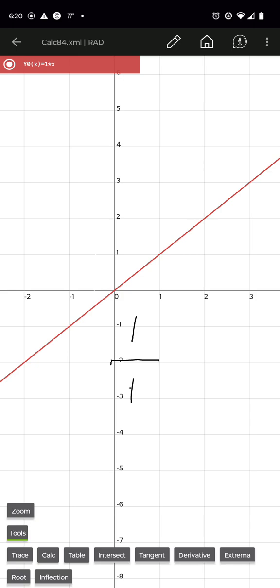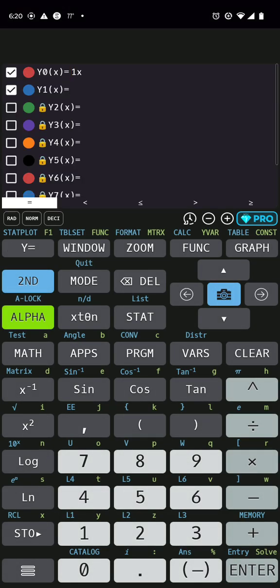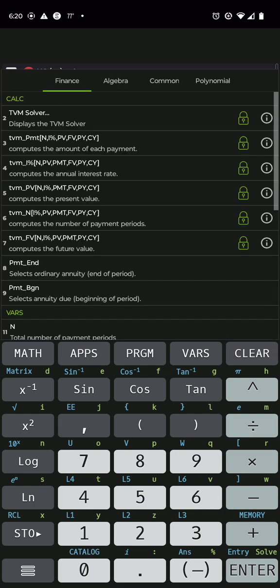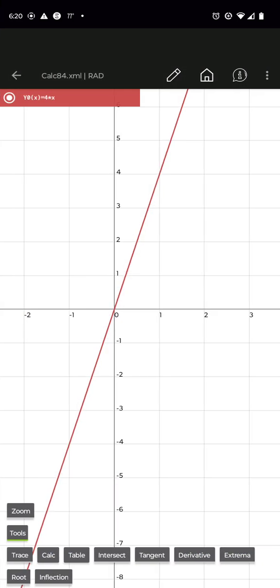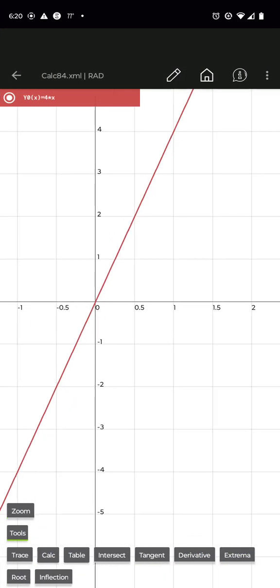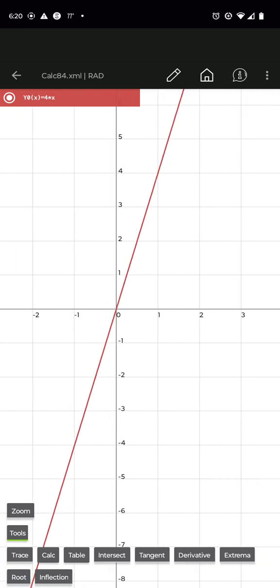So, 1x. Let's say we had a different equation, like maybe 4x. Now, do you all remember what I said? What is the slope?